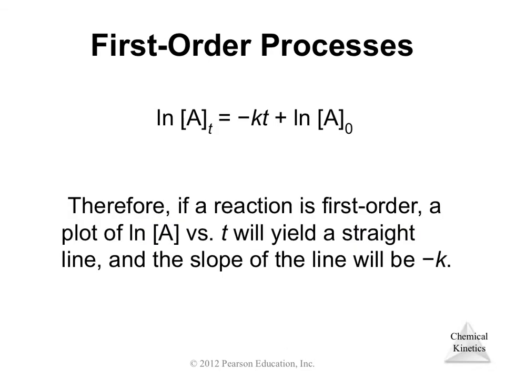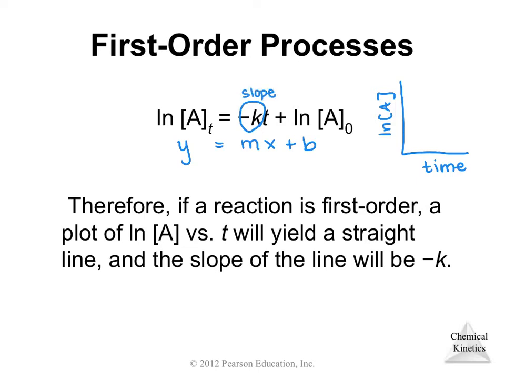So when we do that, we end up graphing time on the x-axis again, but then it is the natural log of the concentration. So this is the Y equals MX plus B format as well. So negative K is going to be our slope.